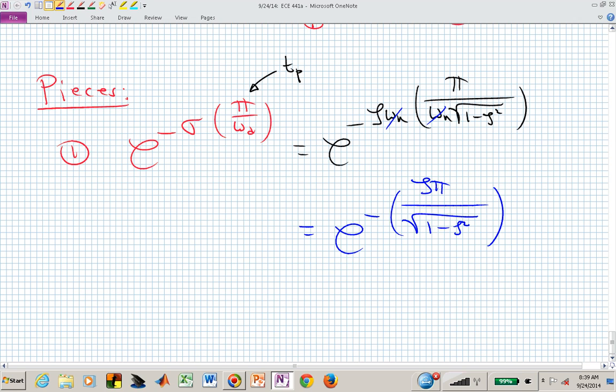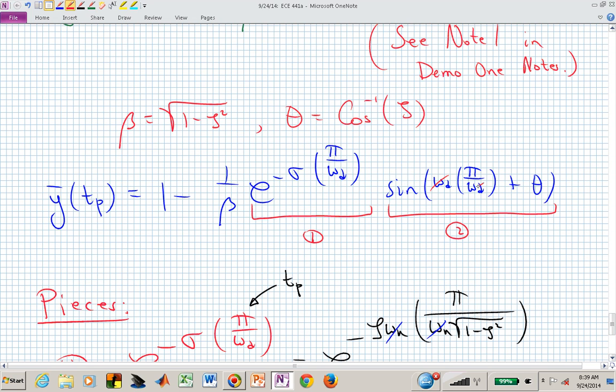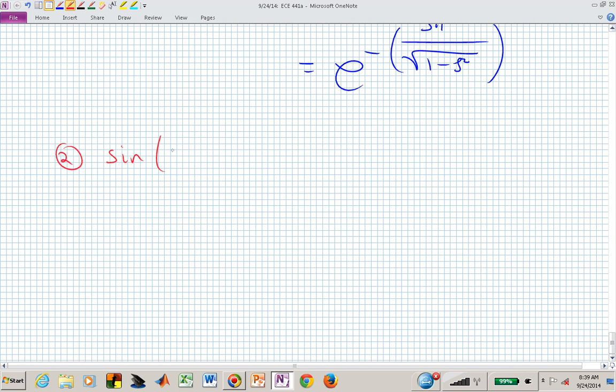What about our second piece? If we go back here, the omega sub d's cancel, and we have the sine of two angles, pi and theta. We have to go back to our trig. We have the sine of pi plus theta. That's just the sine of pi cosine of theta plus cosine of pi sine of theta.